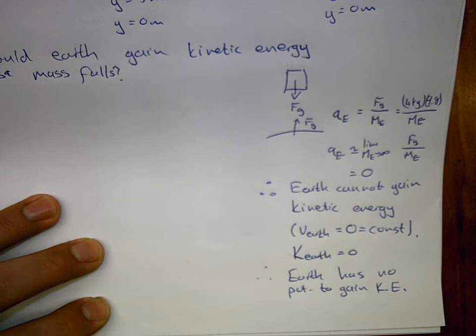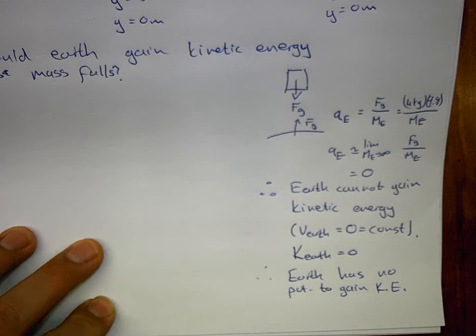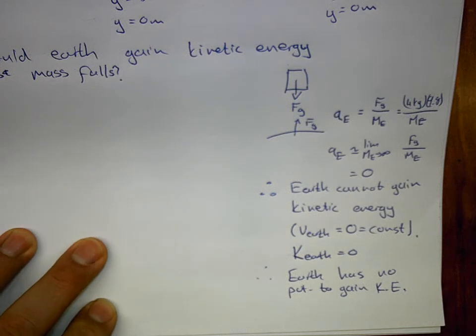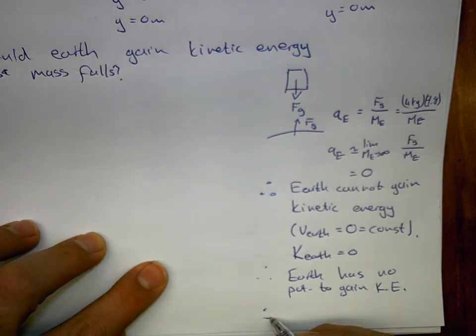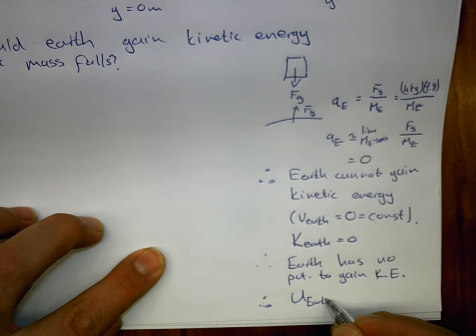Because it has kinetic energy equal to 0. It's not really being accelerated, so no matter where I place the Earth, it's got 0 potential to gain kinetic energy. Therefore, the potential energy of the Earth in this particular setup is 0.